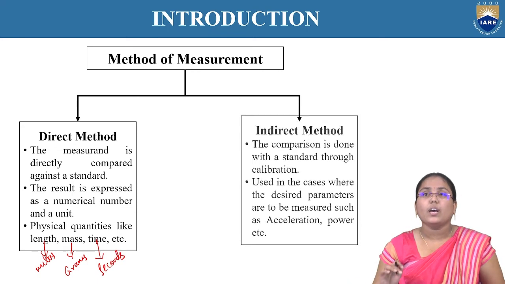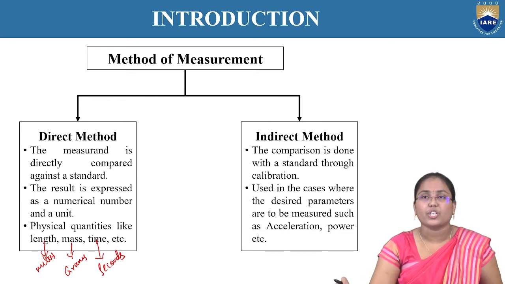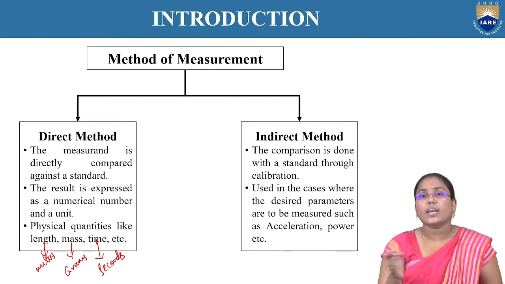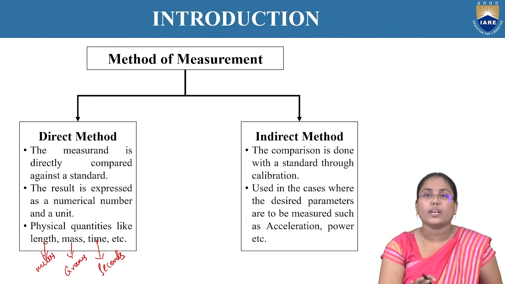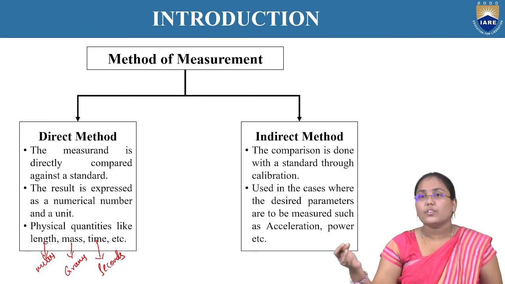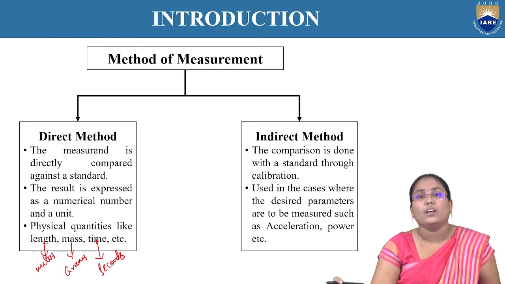And the next one is the indirect method. Here the comparison is done with a standard through calibration, used in cases where the desired parameters are to be measured, such as acceleration, power, etc. Rather than looking at the measurement directly and comparing it to the standard and taking the output, in the indirect process the comparison is done with an accepted standard through calibration.